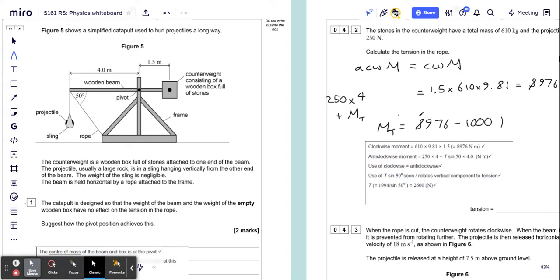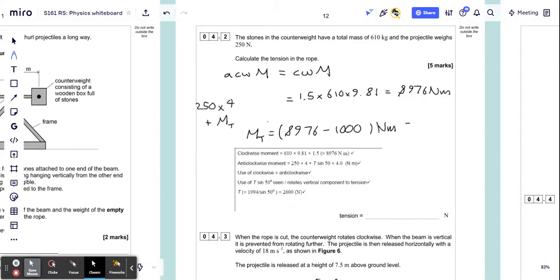And that's all in Newton meters. So let's work that out first. That's easy, isn't it? It's just going to be 7,976 Newton meters.